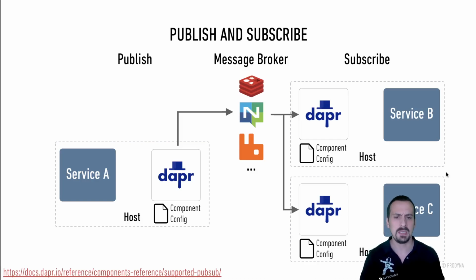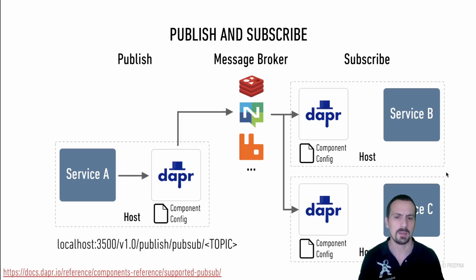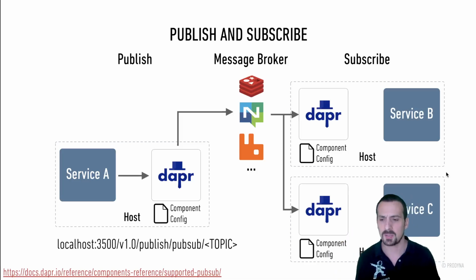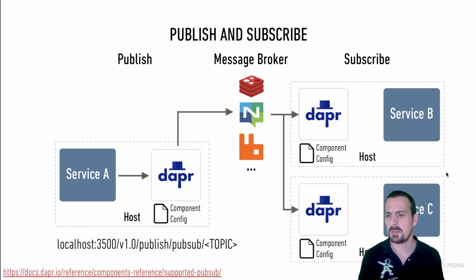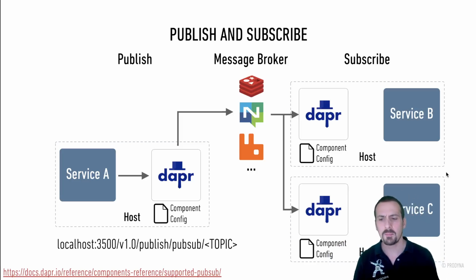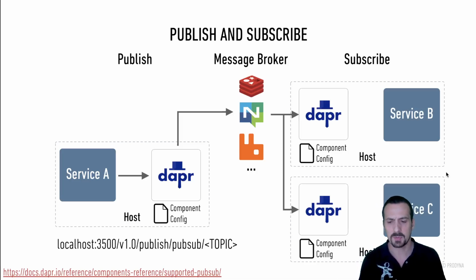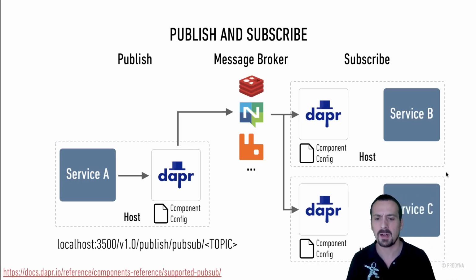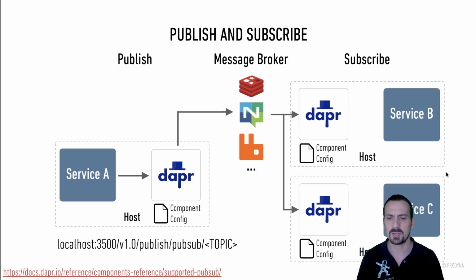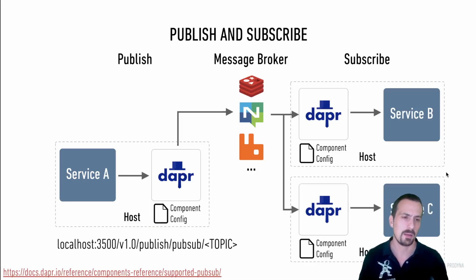They are the ones receiving the messages and forwarding them to their actual service. So how does it work? As a developer in my microservice A, I can simply call localhost 3500, call the publish and subscribe endpoint from the Dapr sidecar, tell it which topic I want to publish the event on, and here we go. The subscribers receive the event and forward it to the actual service via a REST API.